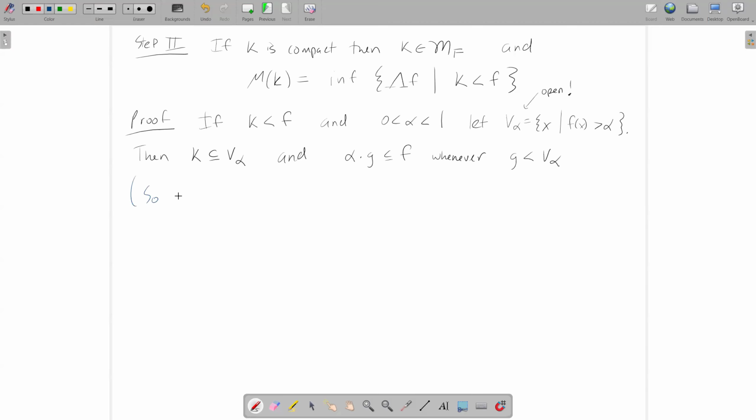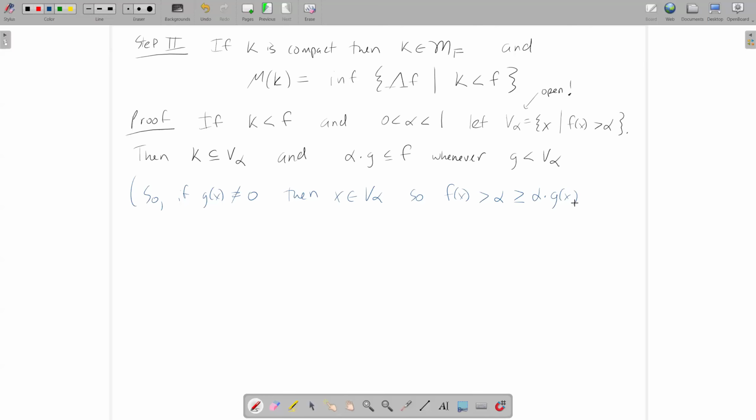So if g of x is not equal to 0, then x is in V alpha. So f of x is greater than alpha, which is greater than or equal to alpha times g of x, right? Because g of x is less than or equal to 1. Okay.